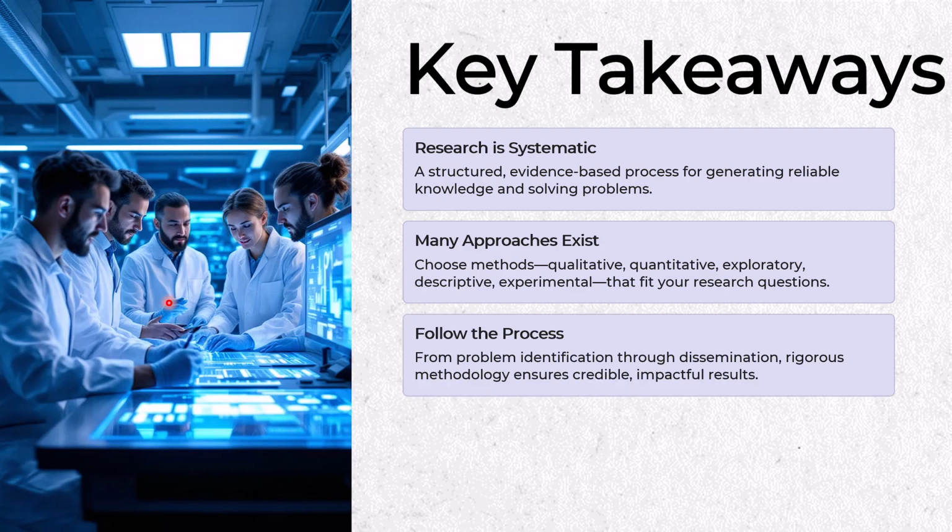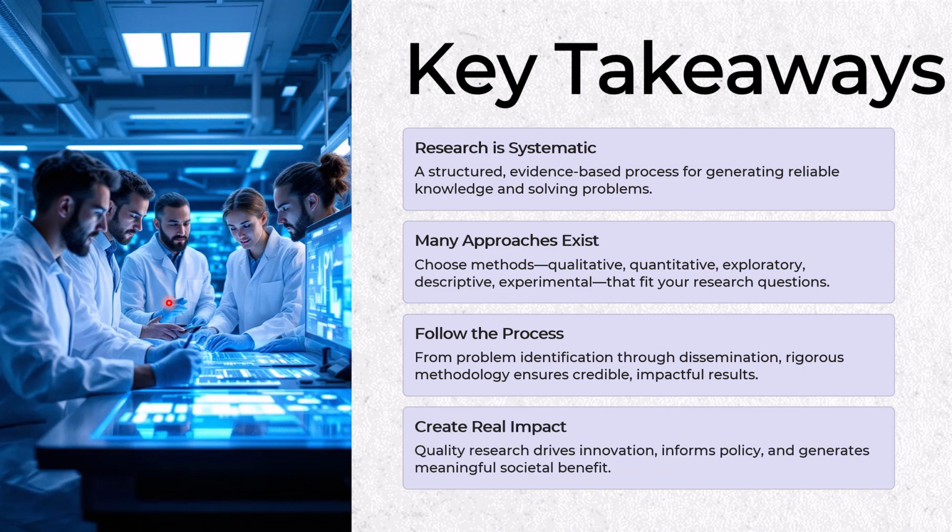To conduct research, since research is systematic, we have to follow the process, and we have seen the 6 main steps to conduct a research. And the goal of research is to create impact.